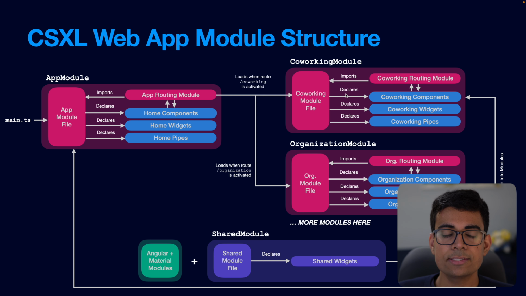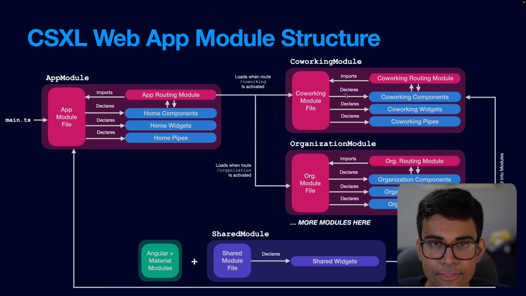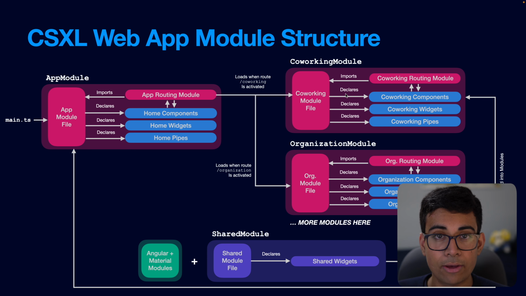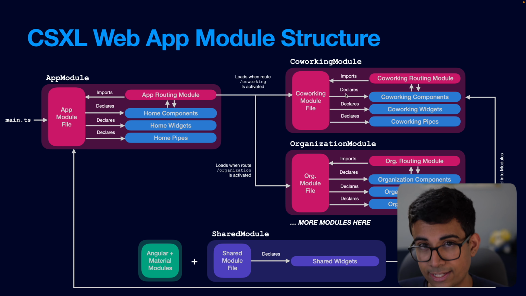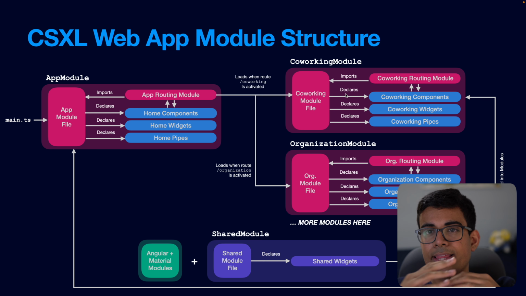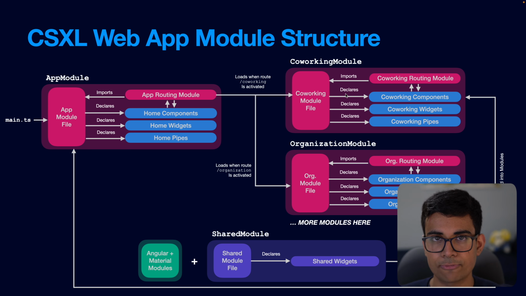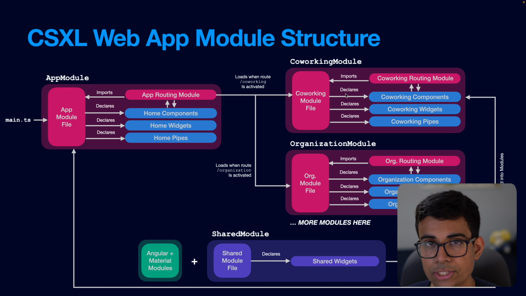Now this is another diagram. So we had that front end stack diagram with all of our pieces. This is another diagram that I highly recommend that you think about. In reality, all of these diagrams represent similar things, right? Like we had a component, then we had a service, we had the routing module. That was one box in our front end diagram, a very simple box just to show how the pieces interact.